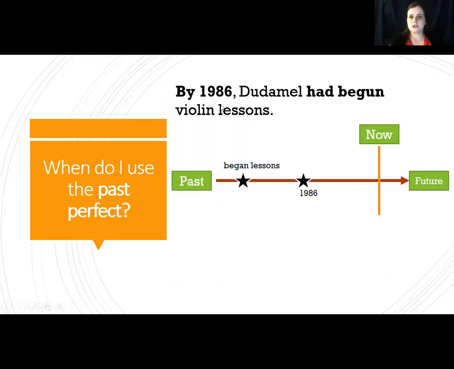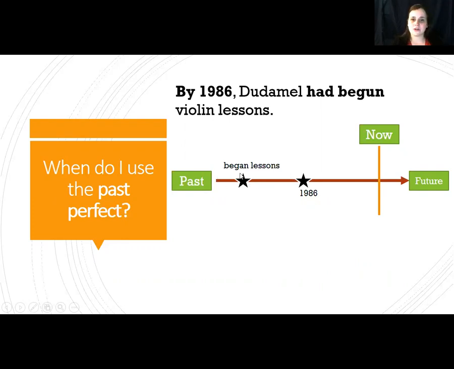So Dudamel, it's basically saying, at this point in time, was playing the violin. It's hard for me to explain the sentence more without using the past perfect.